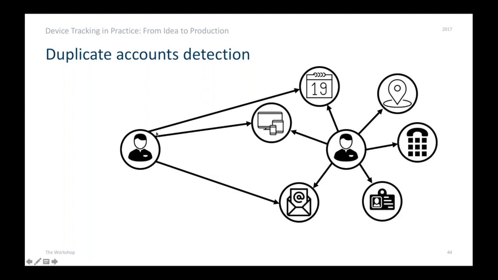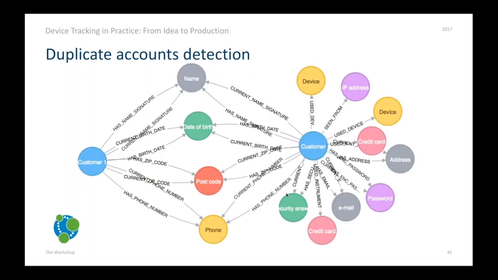In this example, we've got a second customer that shares the same device, the same date of birth, and the same email address. Here's a real example from production. We've got two customers, the blue nodes, that share the same name, date of birth, postal code, and phone number.